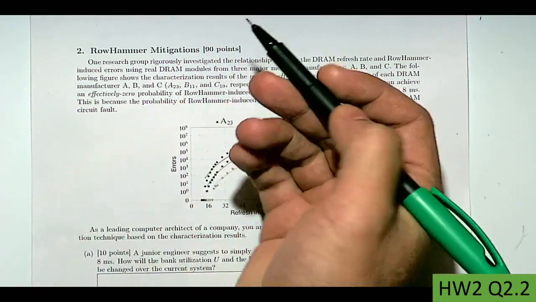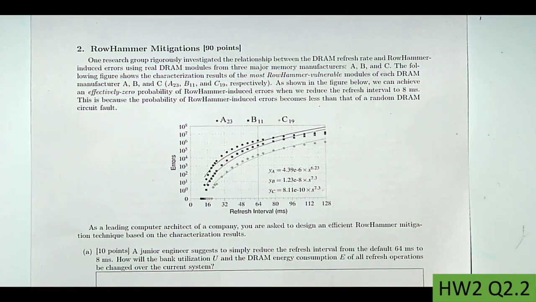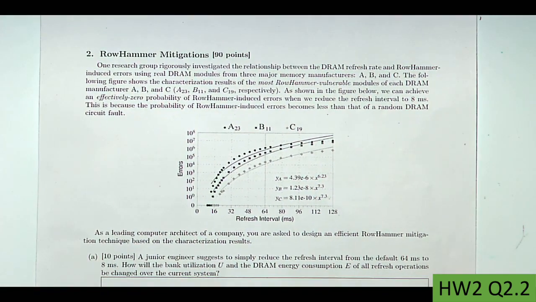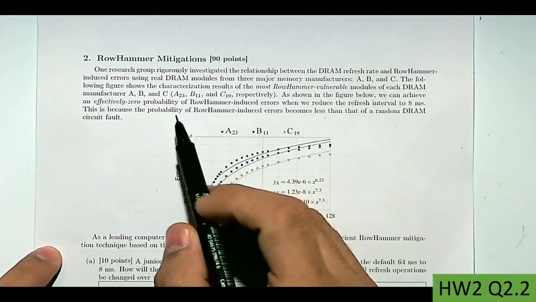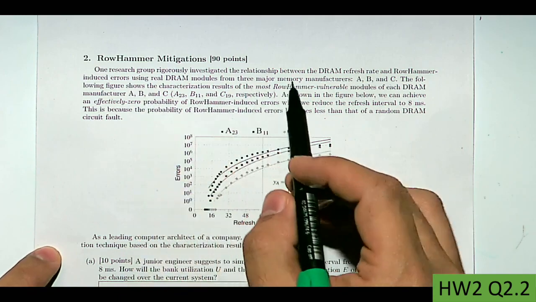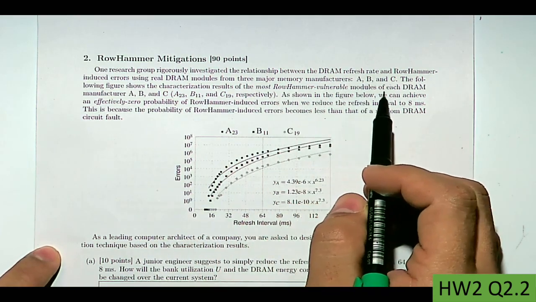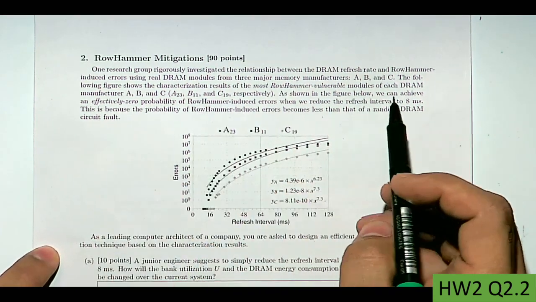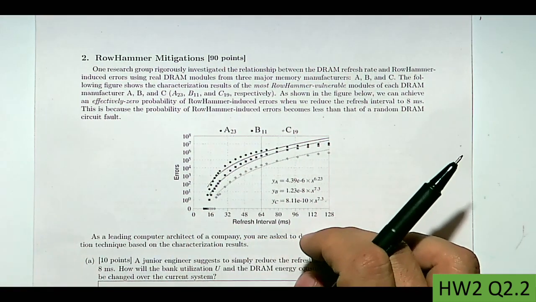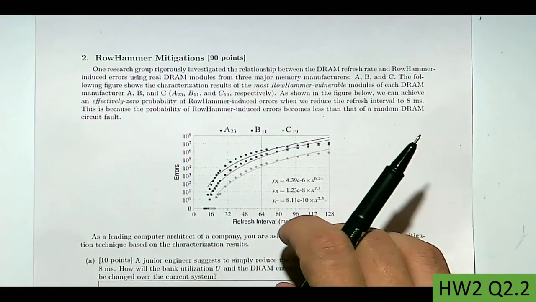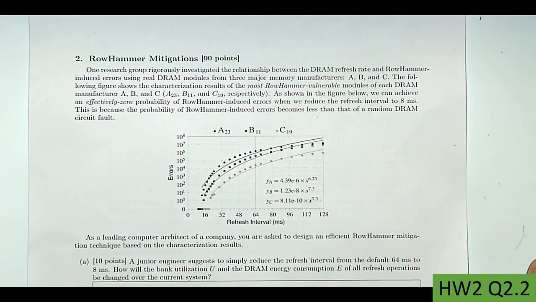One researcher rigorously investigated the relationship between the DRAM refresh rate and RowHammer-induced errors using real DRAM modules from 3 major memory manufacturers. They used the most RowHammer-vulnerable modules from each DRAM manufacturer. So this graph shows the worst-case scenarios, a very conservative manner.